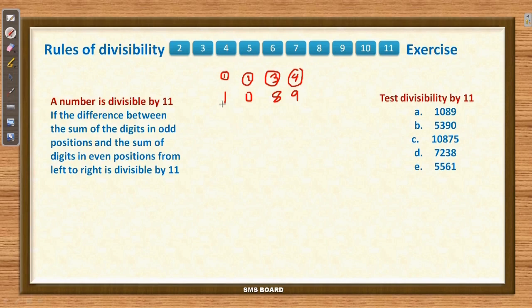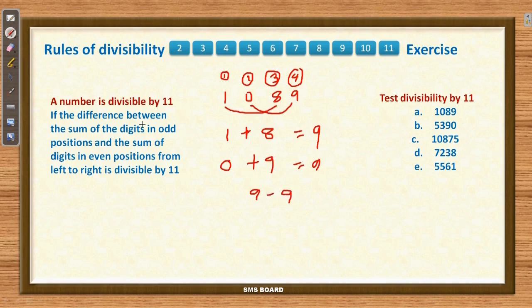So the sum of the digits in odd positions is 1 plus 8, that is equal to 9. Now the sum of the digits in even positions is 0 and 9, that is equal to 9. What is the difference? 9 minus 9.